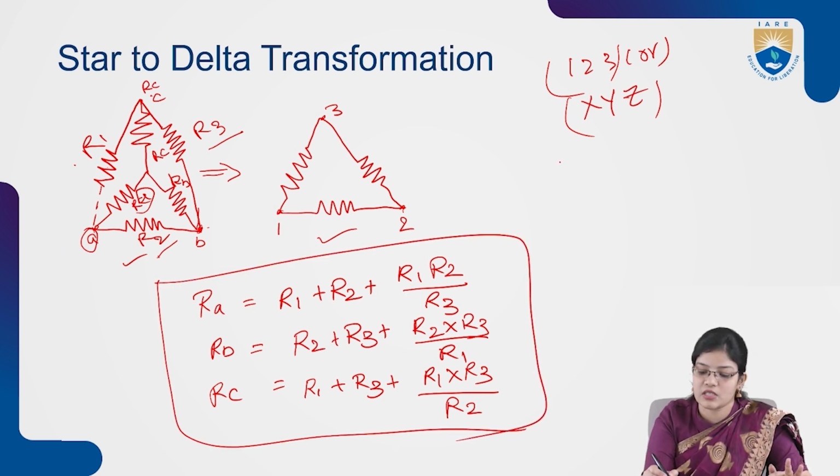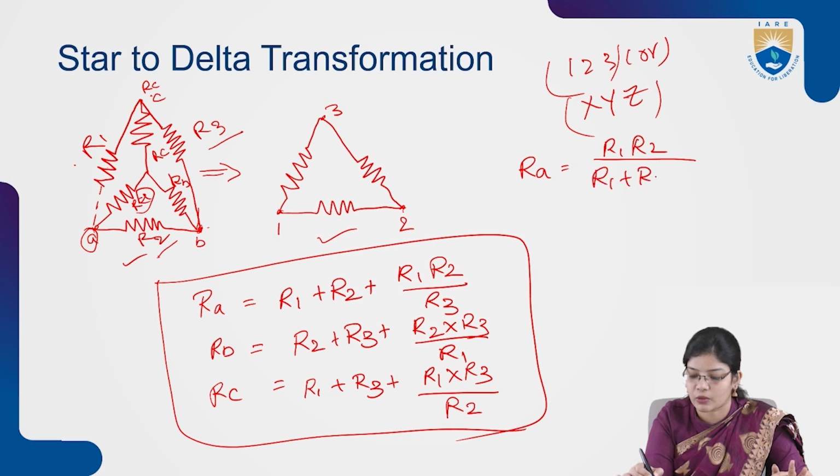So this resistance RA can also be written as R1 into R2 by R1 plus R2 plus R3. RB can also be written as R2 into R3 by R1 plus R2 plus R3.